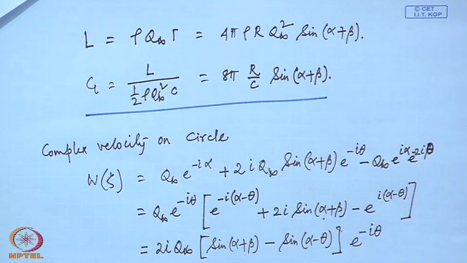Just a simple circular cylinder and you are talking about flow about a circular cylinder, then you cannot use this, because in that case the value of circulation is not fixed. The circulation, the value of gamma is fixed because of that airfoil, not because of the circular cylinder. With the circular cylinder you cannot fix gamma. So, none of these formula can be used for just a circular cylinder.